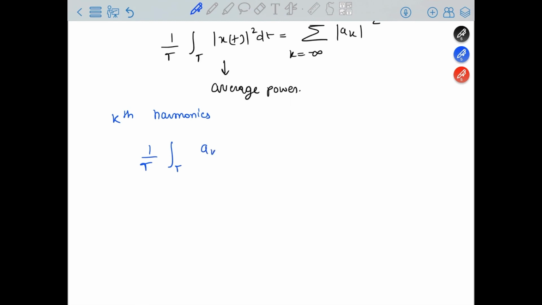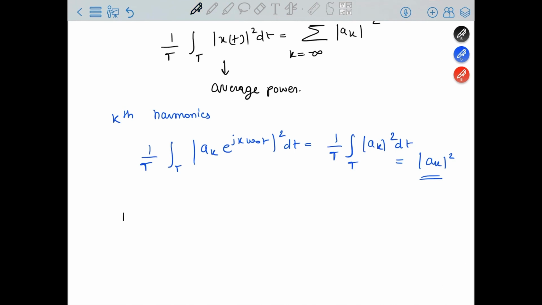So, we can write it as a_k e raised to the power j k omega naught t, mod of this square dt, and that will be equal to 1 over T a_k mod a_k square dt, and that will be equal to mod a_k square. So, for the kth harmonic we got that the average power is equivalent to the square of the coefficient, and the total average power in a periodic signal then equals the sum of the average power in all of its harmonics. So, that is the Parseval relation.